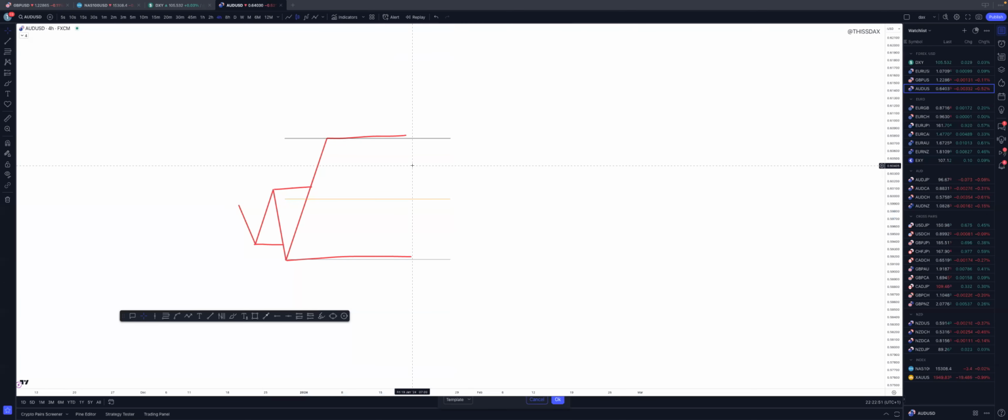Then the middle, and below it, is the discount zone, where you want to look for only buys. Immediately price comes into the discount, you stop looking for sells. And this is the premium zone where you look for sells.